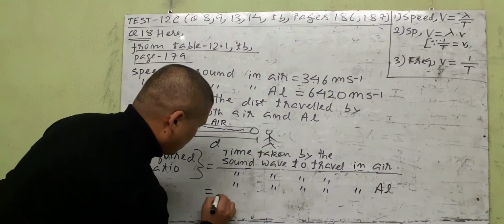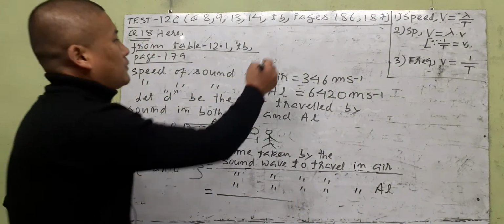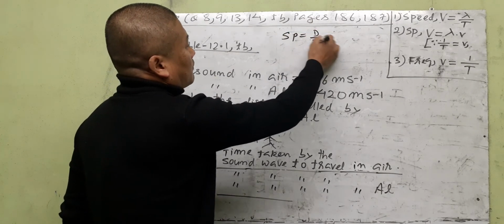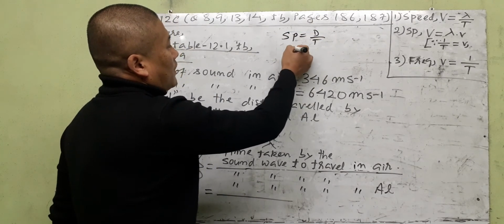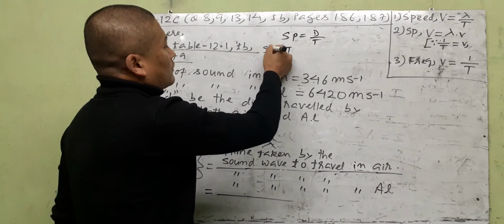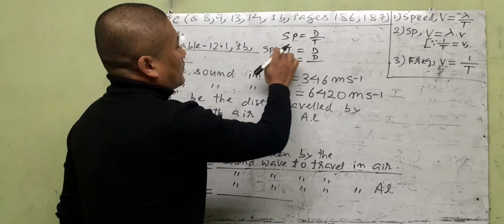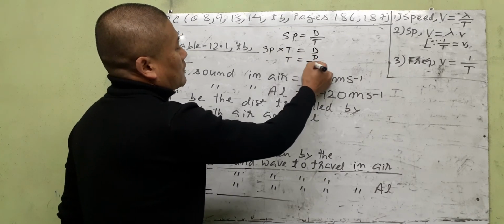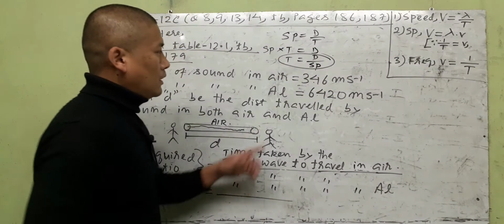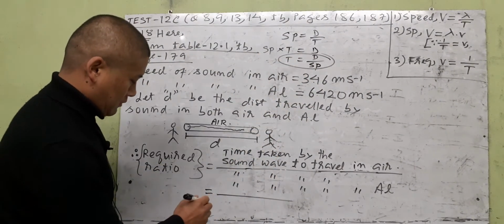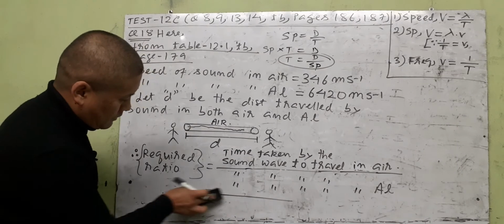So that will be equal to, now we know the formula for speed is equal to distance by time. So if you bring this time up, it will go to the numerator and multiply with the speed. So the time formula will be distance divided by speed. So we're going to use this. Time taken is distance by speed. So time taken, distance is the same in both the cases.